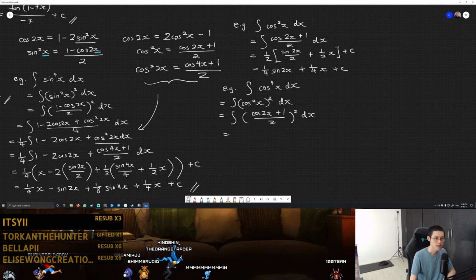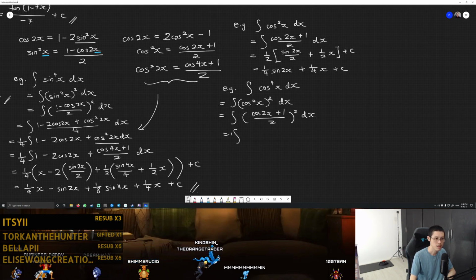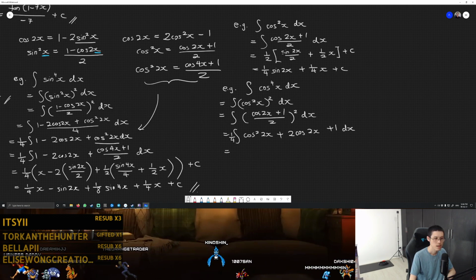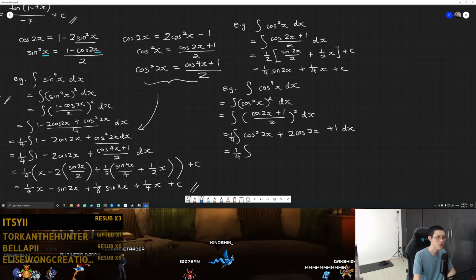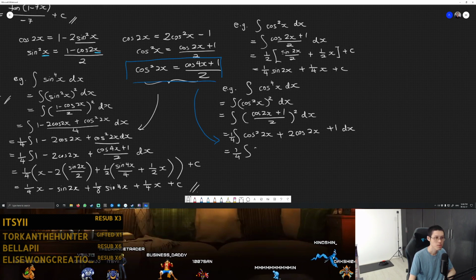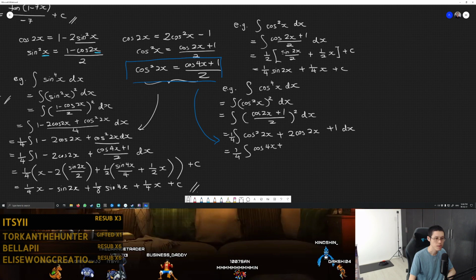Okay, and then you have to square it, so you're going to get 1 over 4, which I'll put out here, and then cos squared 2x plus 2 cos 2x plus 1 dx. And then this cos squared 2x, we can use what we got earlier over here. Gonna chuck that in here as well. And we're gonna get cos 4x plus 1 over 2.